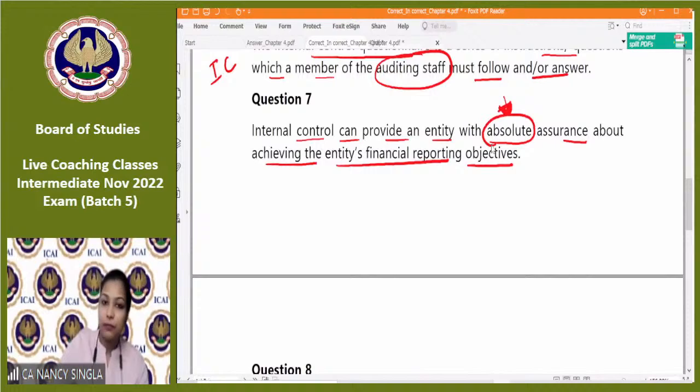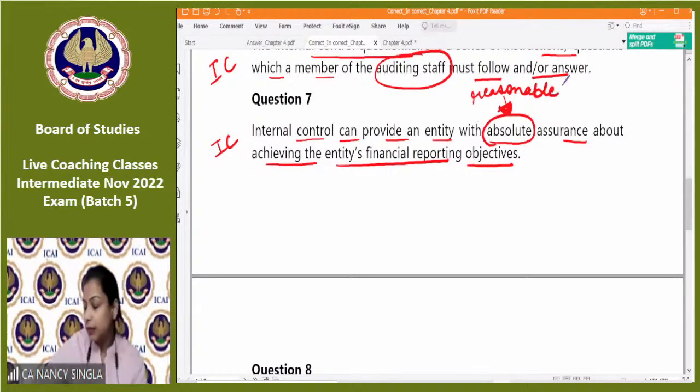Reasonable. So this is incorrect. Why? Because it should be reasonable. Is it clear? Yes, here are both definitions. Okay? Is it clear?